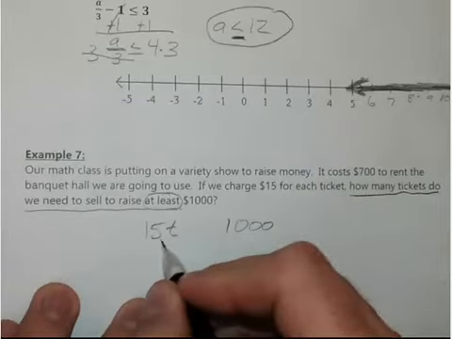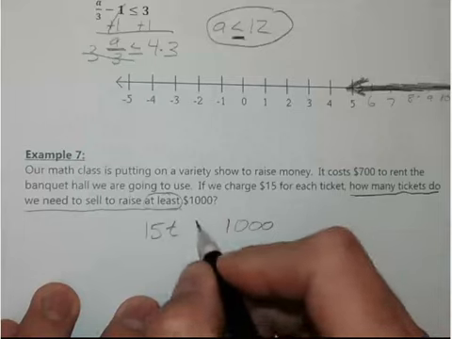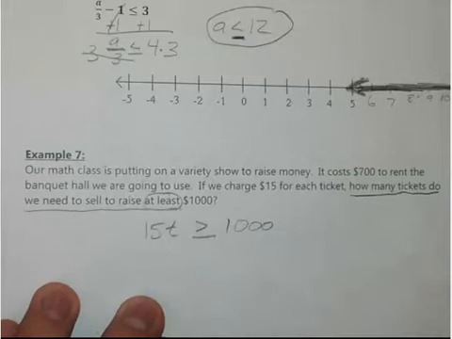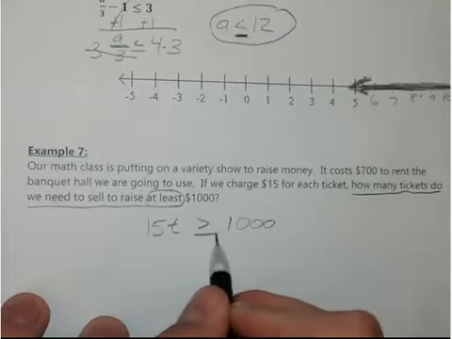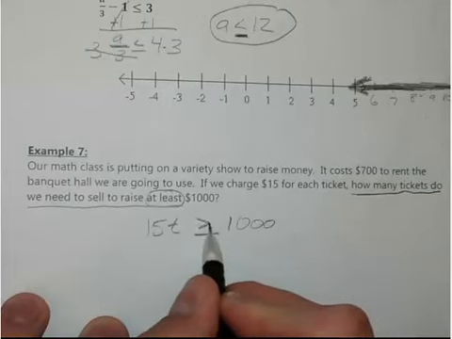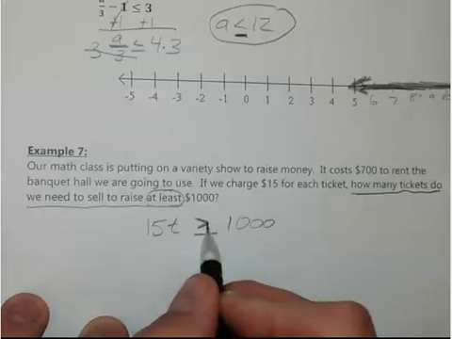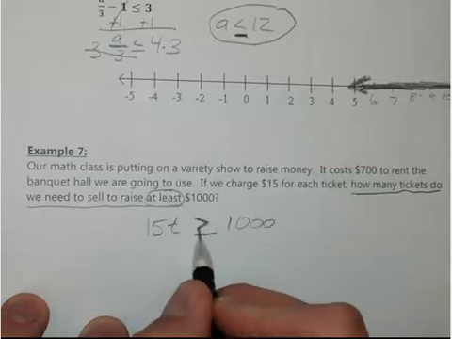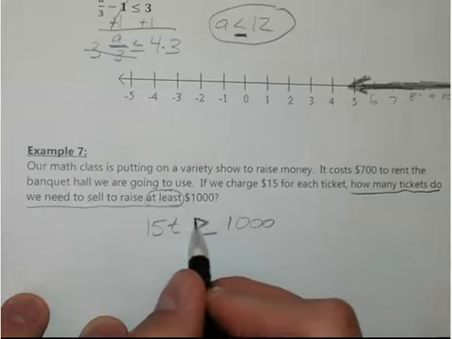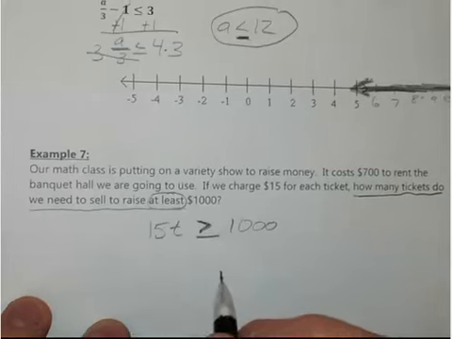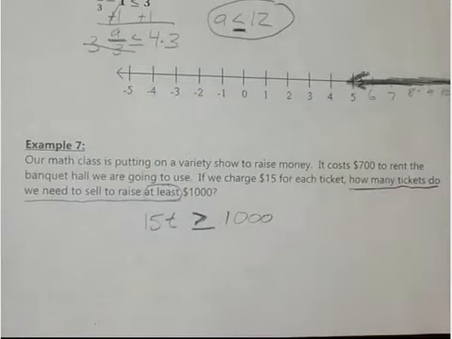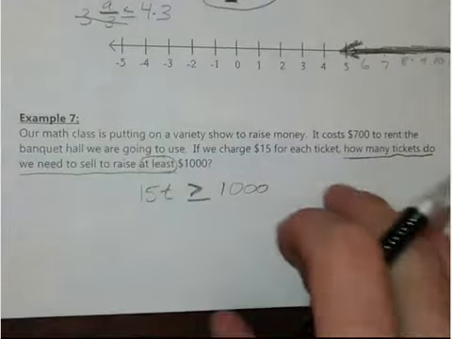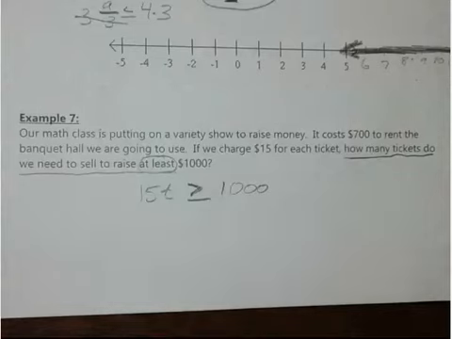We want the amount of tickets we sell for $15 to be greater than or equal to $1,000. We're trying to raise $1,000, so we could raise equal to $1,000, or rumors could be spreading about all of our great talents in the talent show, and a lot of people come out, so we could raise greater than $1,000. Now we have a nice little inequality that we can solve.